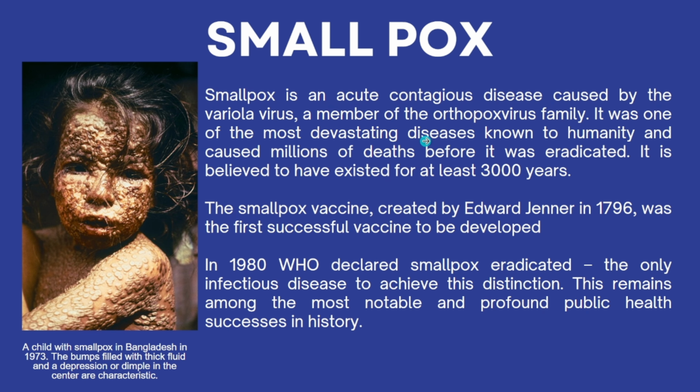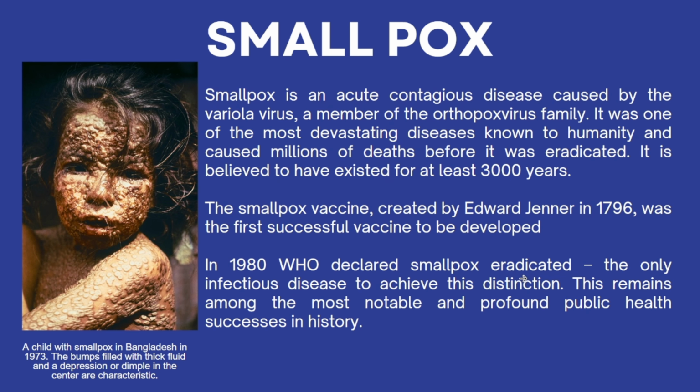But still you can see in the news that some labs still store this virus, the variola virus. But whatever, you just need to know that in the world now there is no smallpox anymore. So how can WHO declare that smallpox is eradicated?